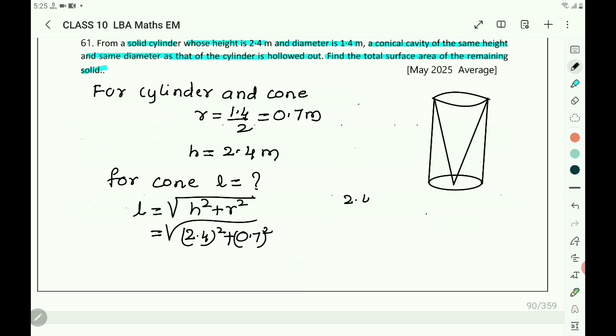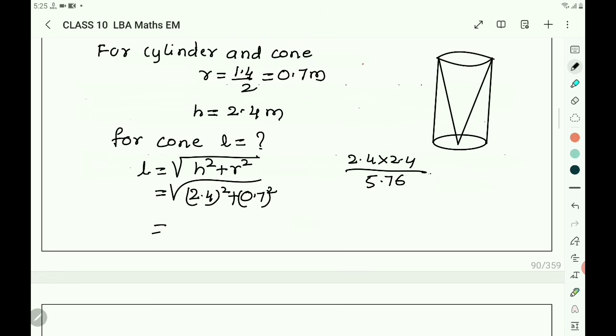You know that 24 into 24 is 576. 2.4 into 2.4 is 5.76. And 7 square is 49, so 0.7 whole square is 0.49. Then you write whole root of 5.76 plus 0.49.